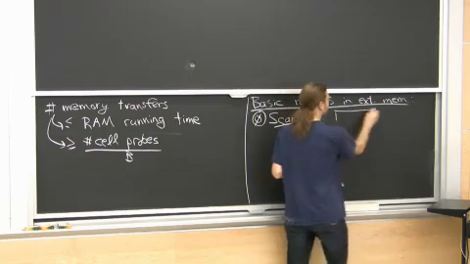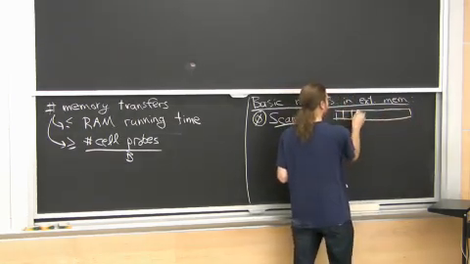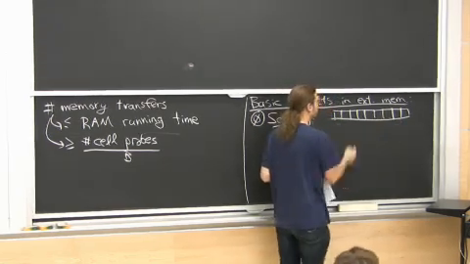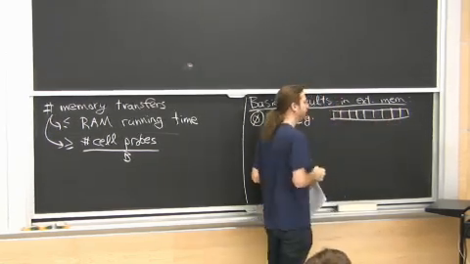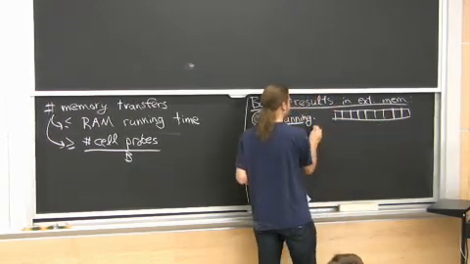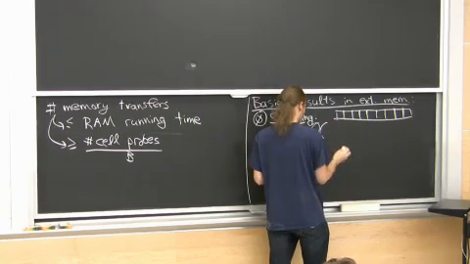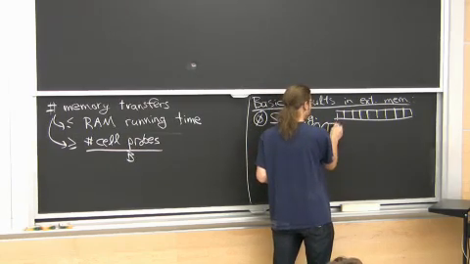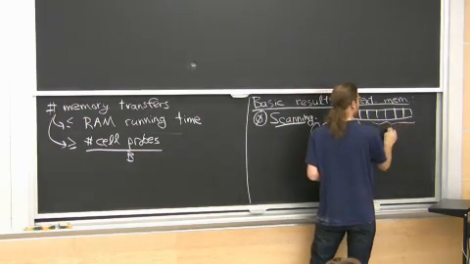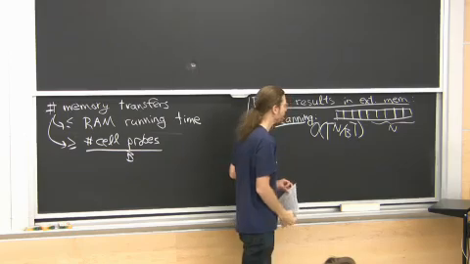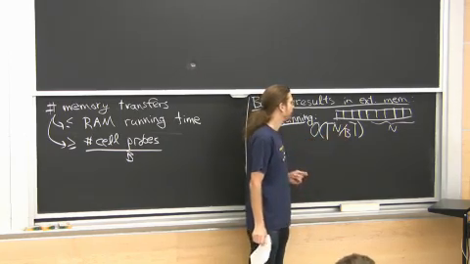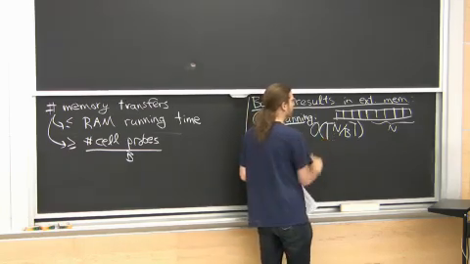So if I have an array of items and I just want to, say, add them all up or do a linear scan to search for something, anything that involves accessing them in order, this will cost the ceiling of N over B. If the array has size N, the number of blocks in that array is the ceiling of N over B. And so that's how many block accesses it costs.